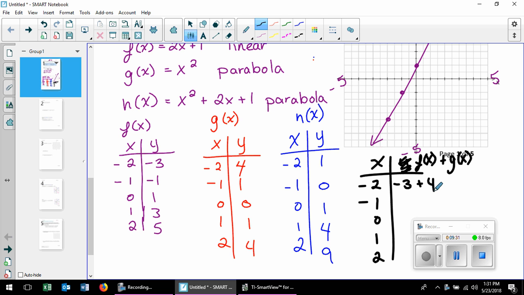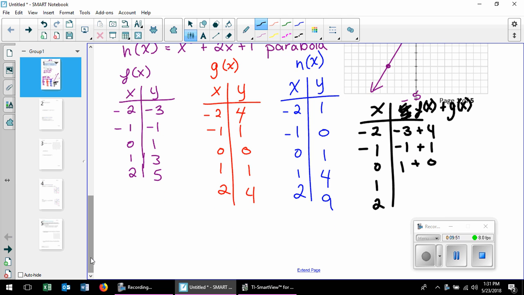So the thing is, the x's have to be the same, right? You can't do this if they're not the same. So now I've got -1 plus 1. What do I get? 0. I have 1. Okay. I have 1 plus 0. What do I get? 1.